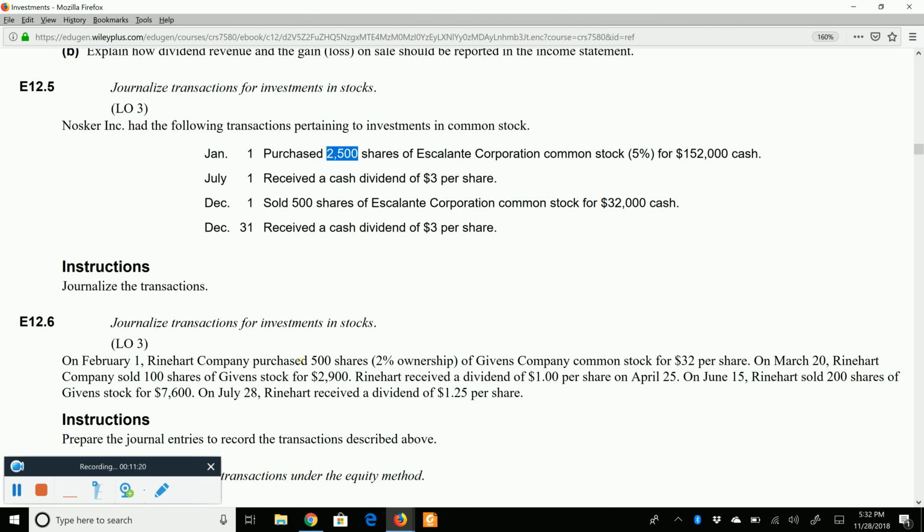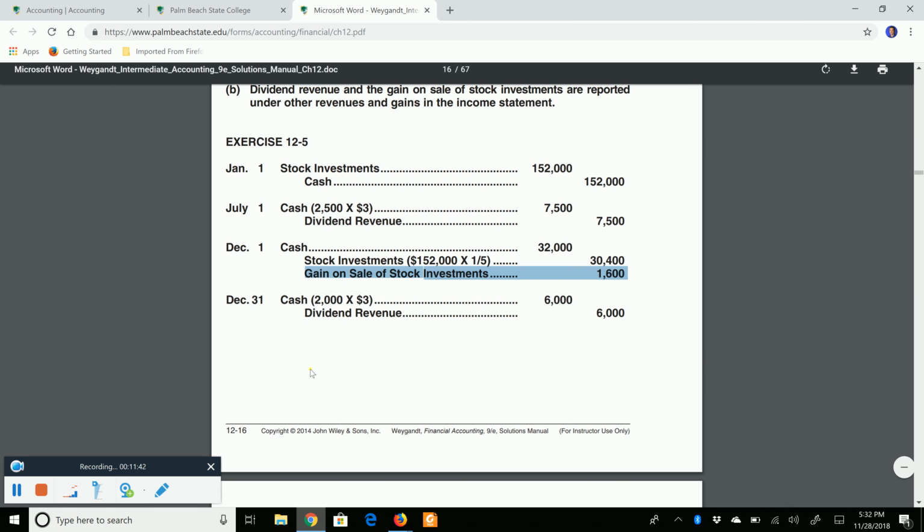And last but not least, December 31st, we received another cash dividend of $3 per share. Now remember, we originally owned 2,500 shares, but we just sold 500 shares. So how many shares do we have left? The answer would be 2,000. So 2,000 times 3, there is your $6,000.